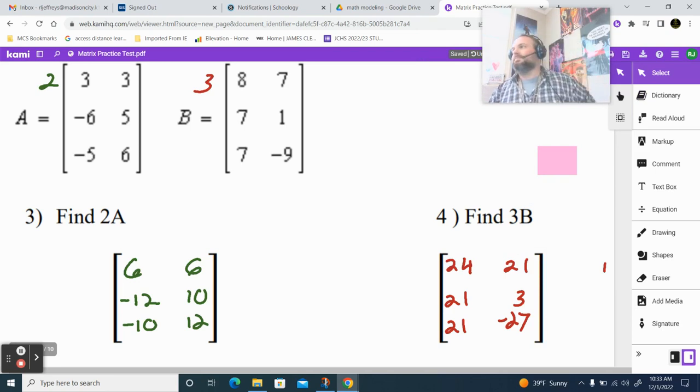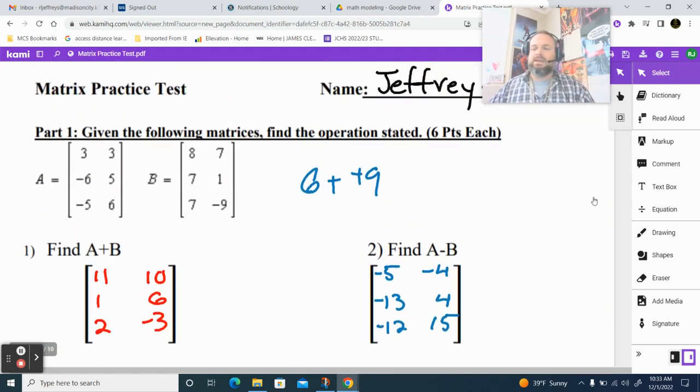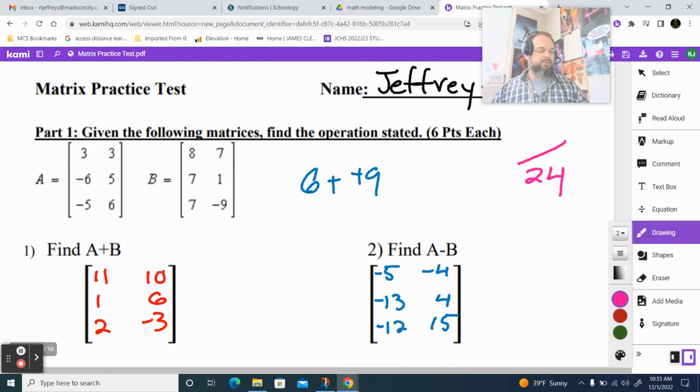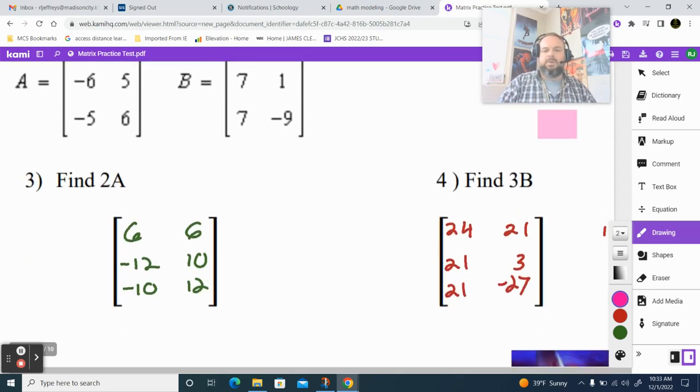So that's how you can get some partial credit. Since there's 4 problems, there's 6 points each. This first part is out of 24 points. I'm going to keep a record because I forgot how many points everything is. So are we good with part 1?